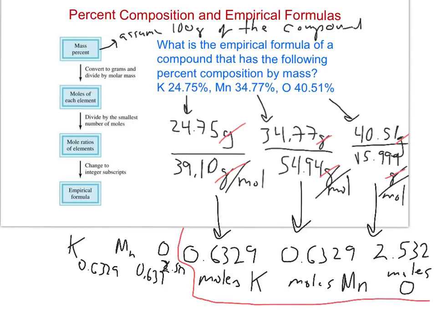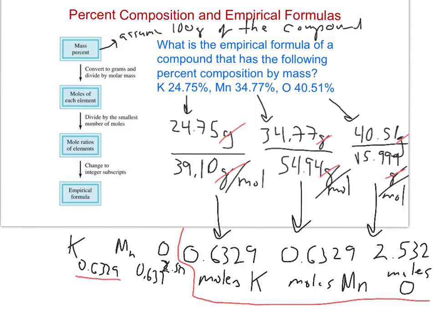But what these are is a ratio. You can convert them into a ratio that makes more sense. So the next thing is you divide by the smallest number.